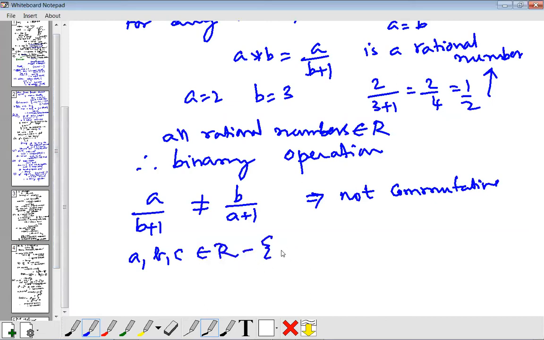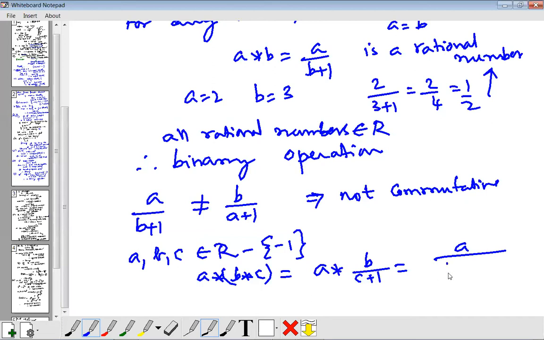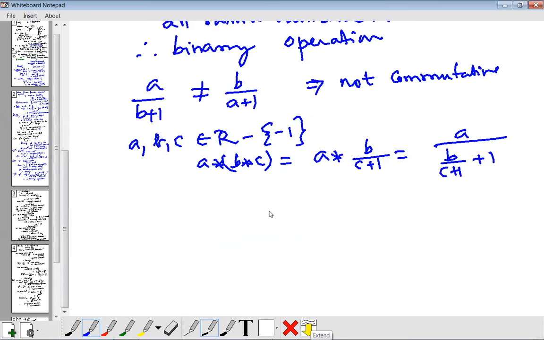In the third case, let A, B, C belong to R minus minus 1. So A star B star C, first this one, equal to A star B divided by C plus 1, that's equal to A divided by B plus 1, divided by C plus 1. That's equal to A into C plus 1 divided by B plus C plus 1.